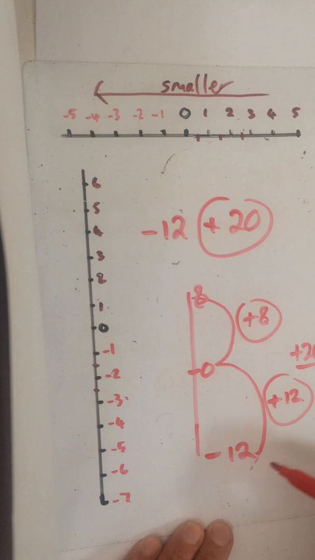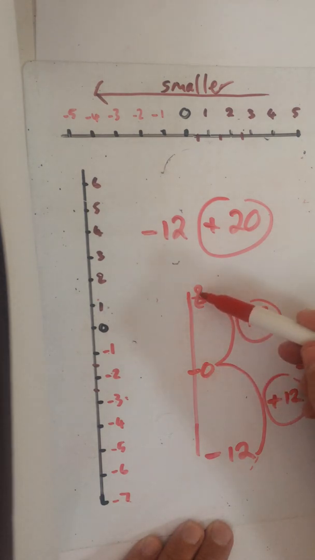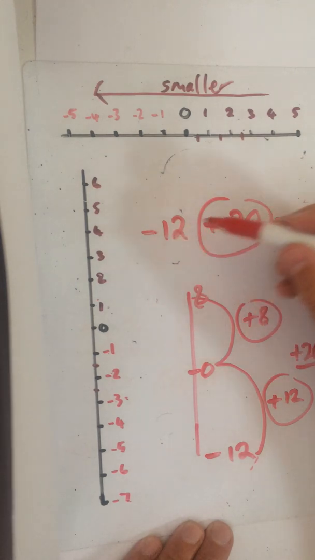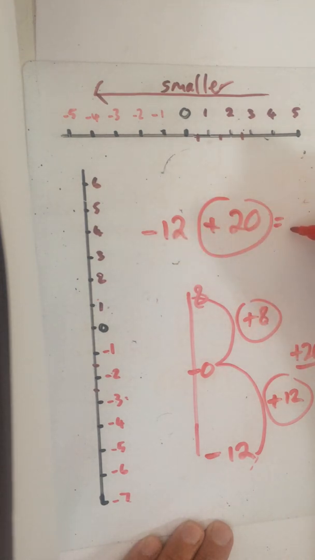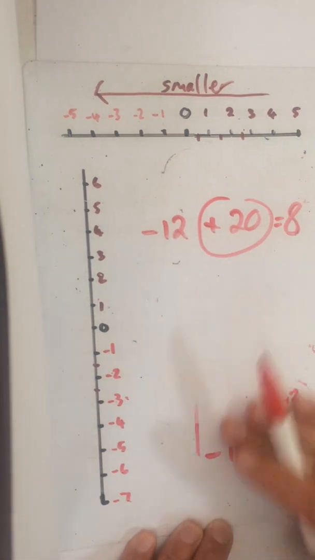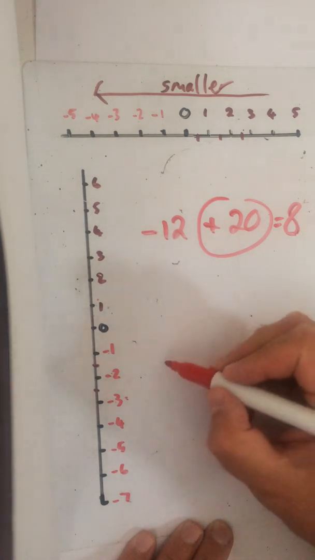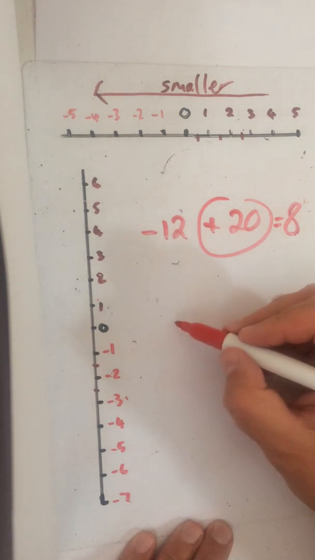I'm up to 8 degrees. From 0 to 8 is 8. So minus 12 plus 20 will give me 8. And I can do that with these jumps by making my own mini number lines.